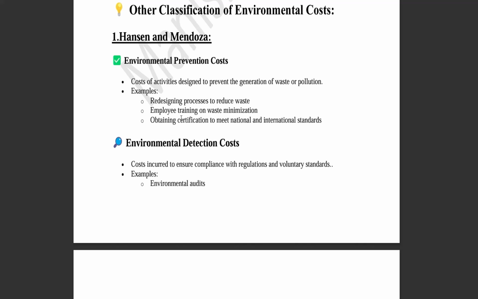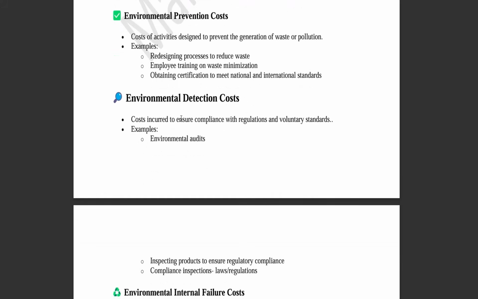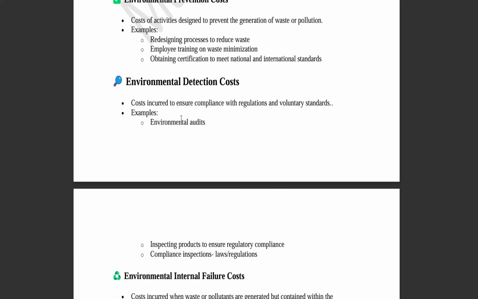Now next is environmental detection cost, which means whatever cost we incur to comply with rules and regulations or voluntary standards will be called environmental detection cost. For example, an environmental audit. Now we are detecting whether we comply with all rules and regulations or not.